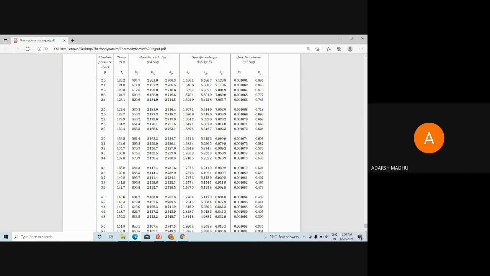If you need, you can write all the values shown here: the entropy values SF, SFG, and VF, VG, etc.